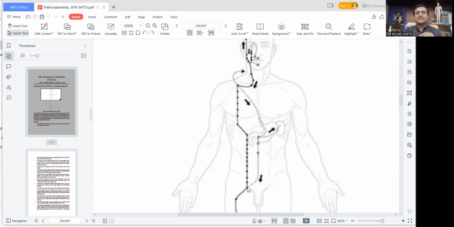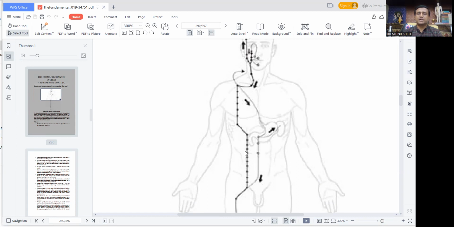Then the main branch from ST12 goes downward, crosses the chest, comes to the abdominal cavity, where it again comes medially, almost 2 cun lateral to the central line, that is the Ren meridian. One branch from the stomach inside connects to the Ren 10, Ren 11, and Ren 12 points, and then it comes to the inguinal region.